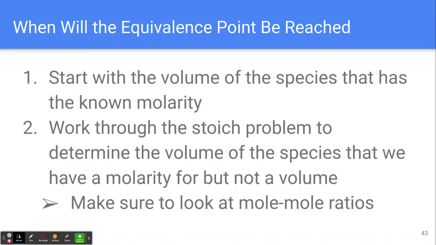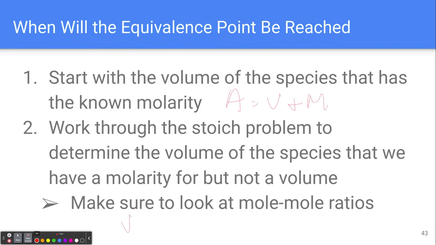The other type of calculation you could see here would be trying to figure out when the equivalence point is reached. You start with the volume of the species that has the known molarity. You're going to work through that stoichiometric problem to determine the volume of the species that we have a molarity for, but not a volume. Meaning, let's say for A, we know a volume and a molarity.